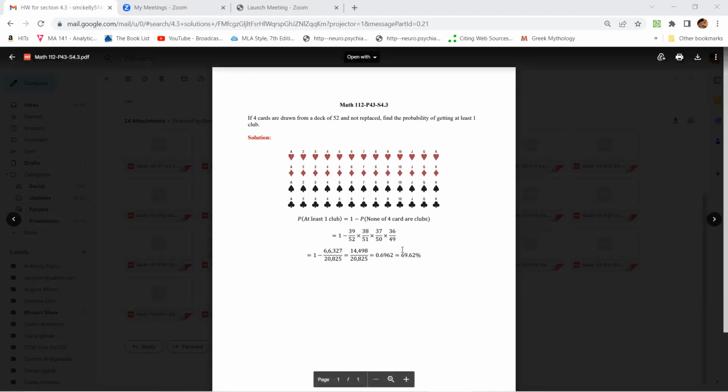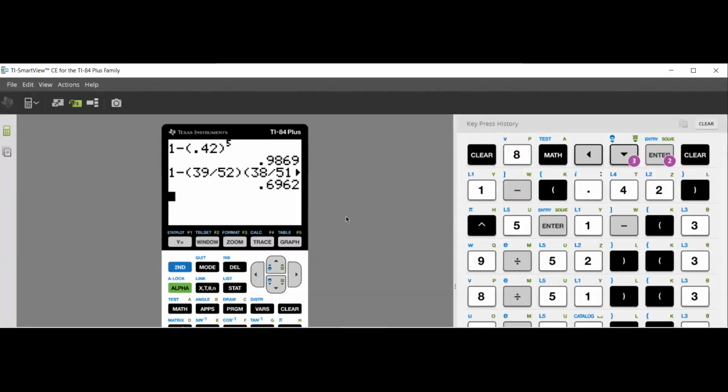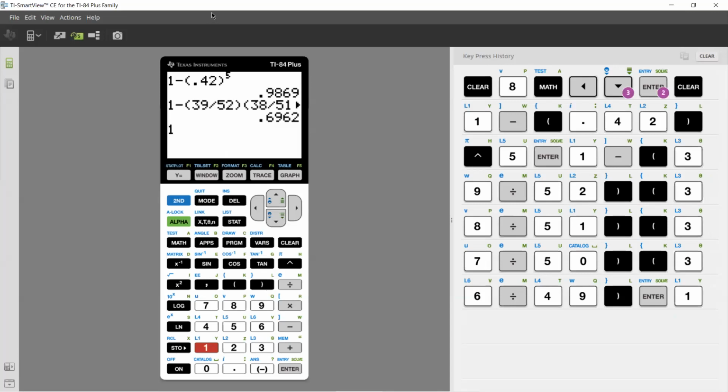Let me stop sharing this and put it on the screen. Are you seeing my calculator screen? You should be. Yes. 1 minus, be sure you're using the minus sign, not the toggle down here.